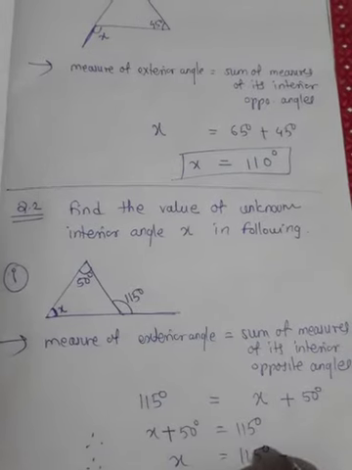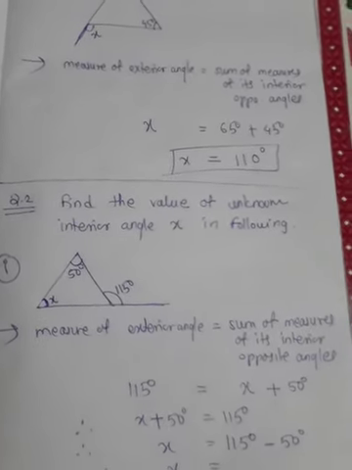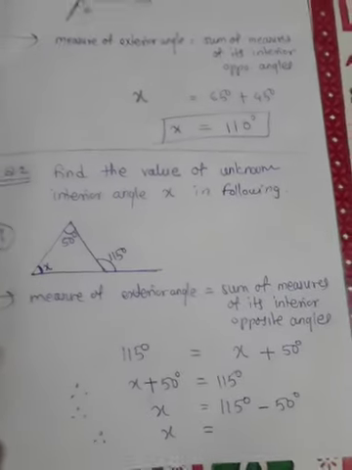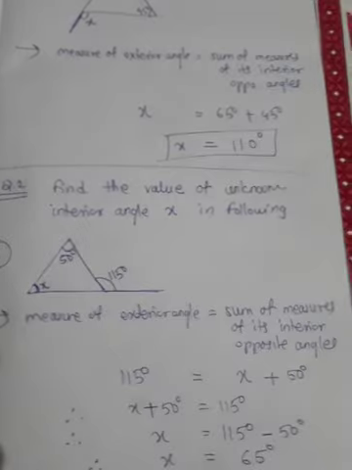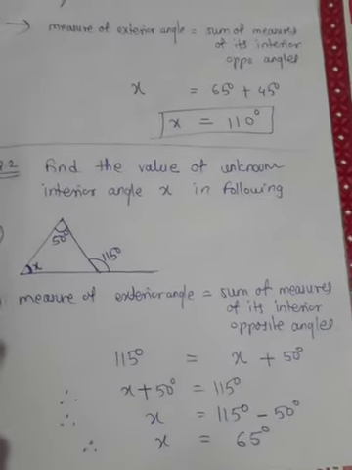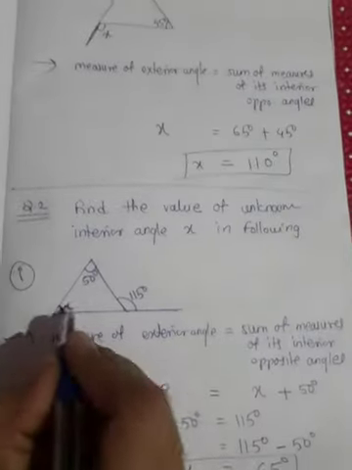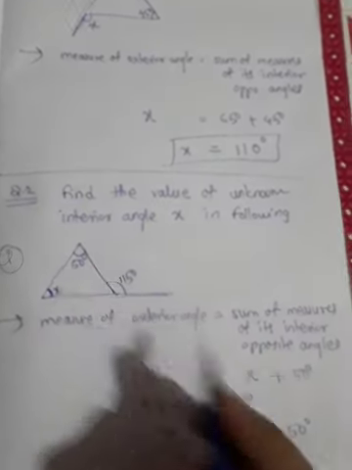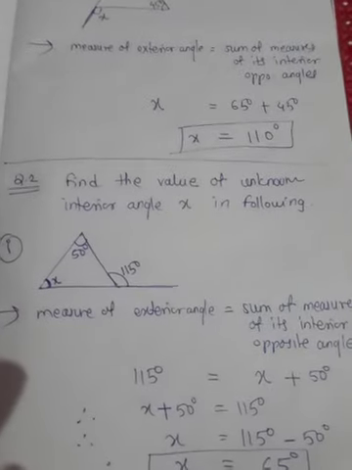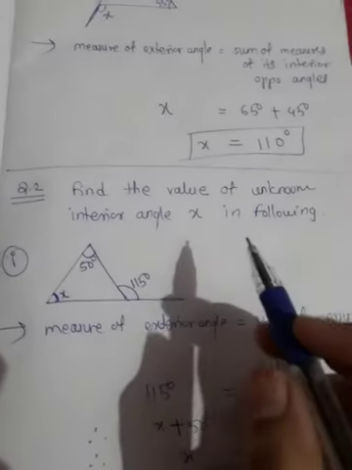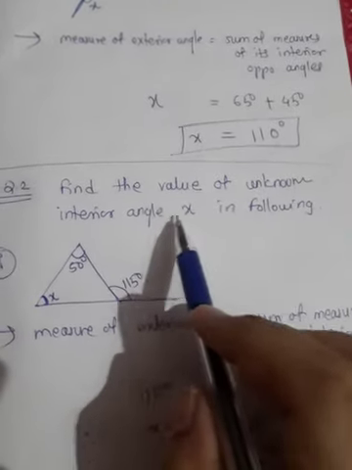So 115 minus 50 degree gives you 65 degree. So measure of this interior angle x is 65 degree.